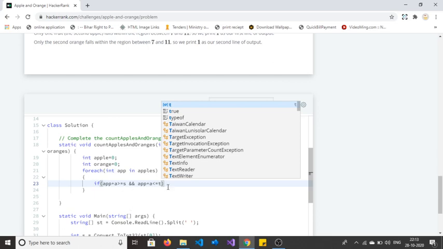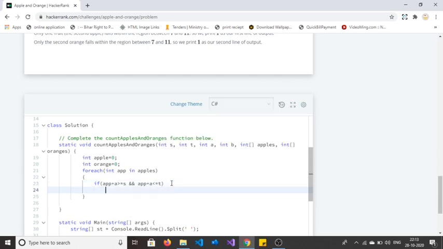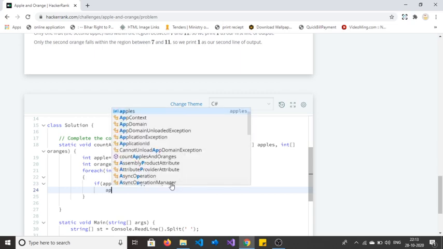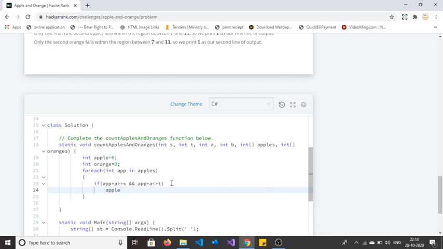If this condition is satisfied, then only I am incrementing apple by 1, apple plus plus.